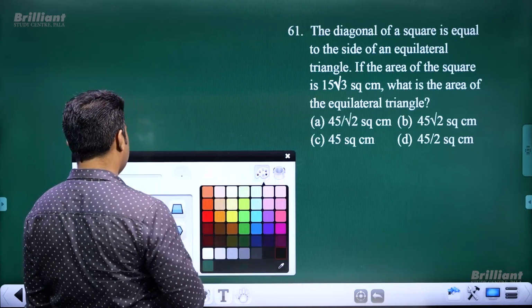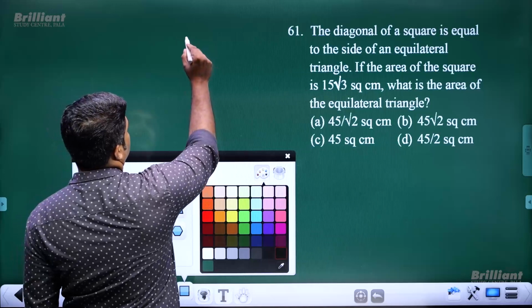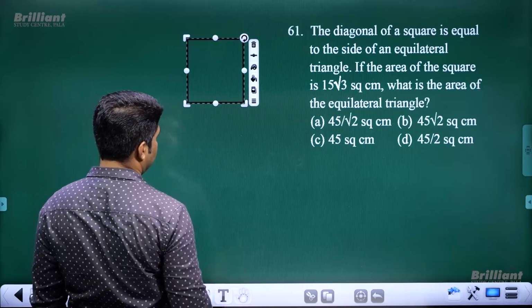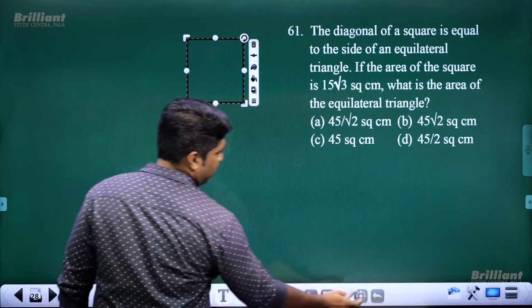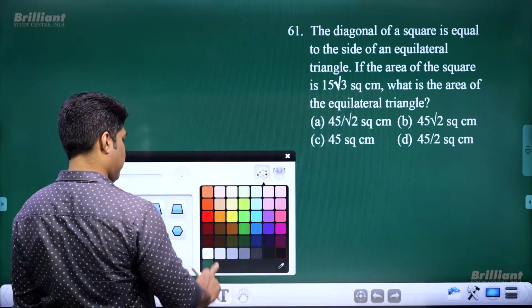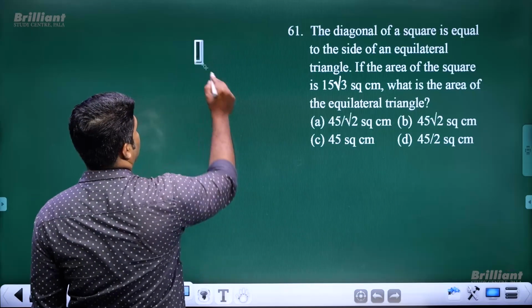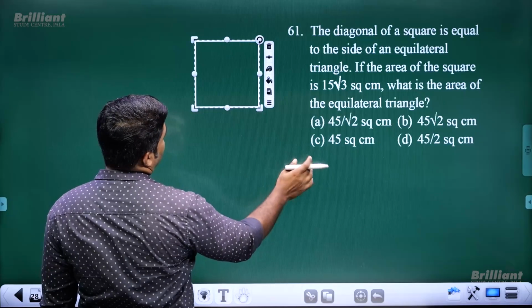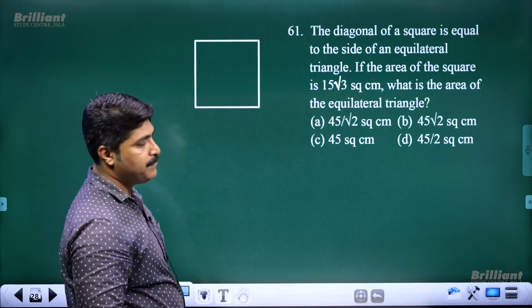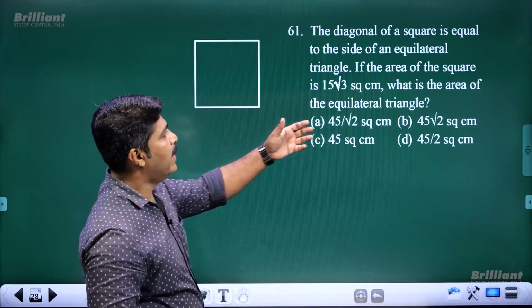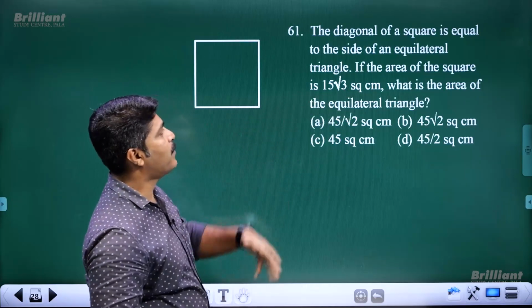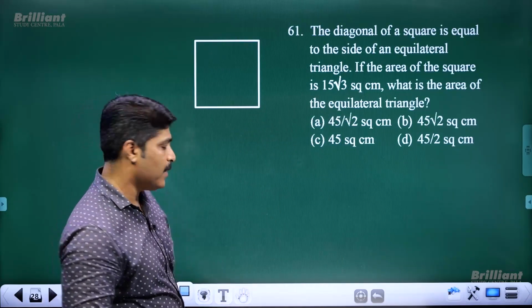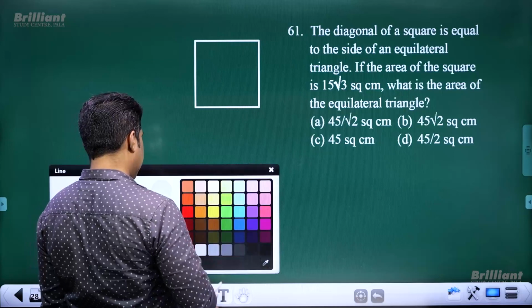If we are considering the results, suppose we are considering a square. So what is the area of a square in such a situation? Here it is given that the diagonal of a square is equal to the side of an equilateral triangle. So what is the diagonal here?